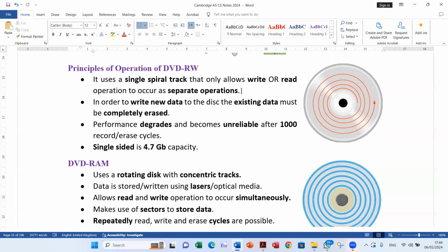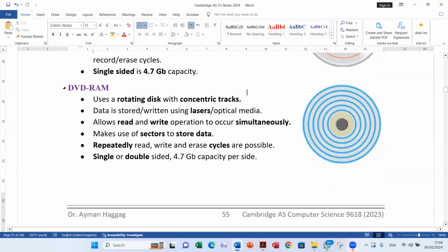Performance degrades and becomes unreliable after several read-write cycles. Single-sided is 4.7 gigabyte capacity. DVD-RAM allows reading and writing to occur simultaneously. Why? Because it has concentric tracks.